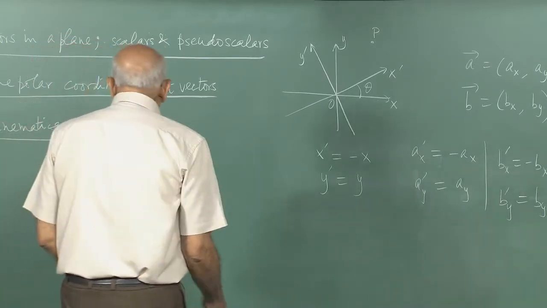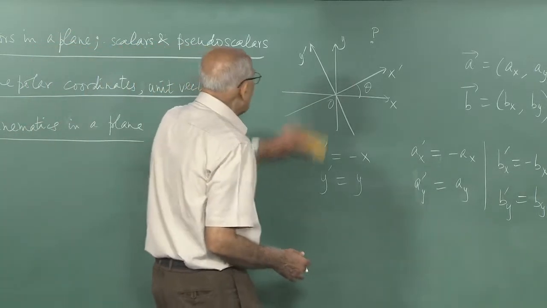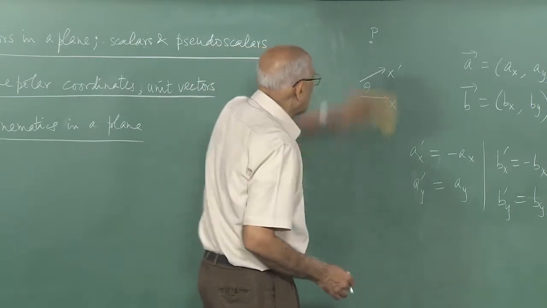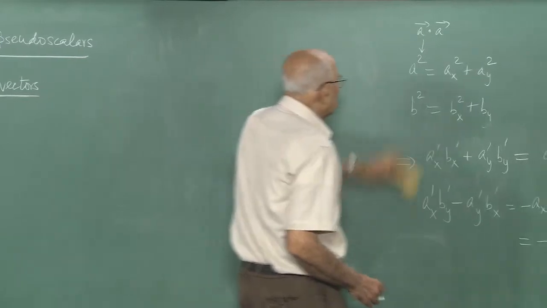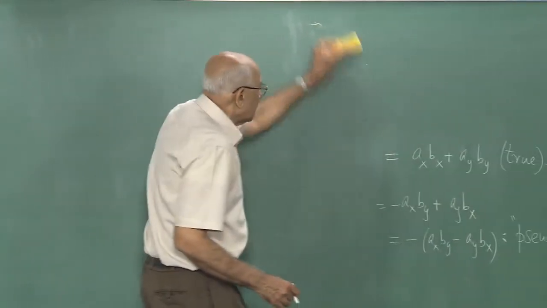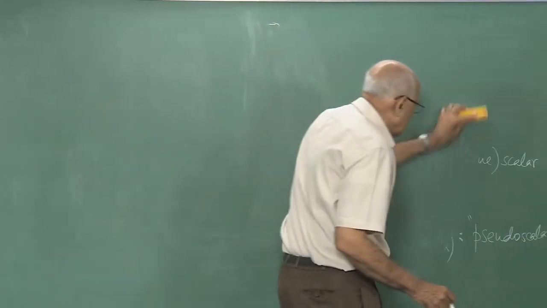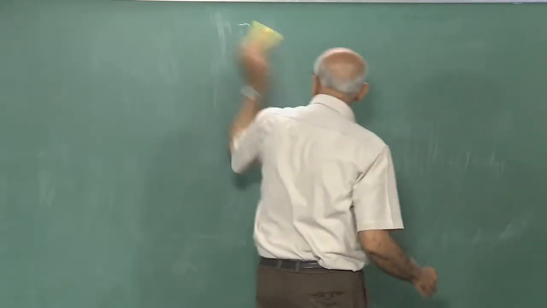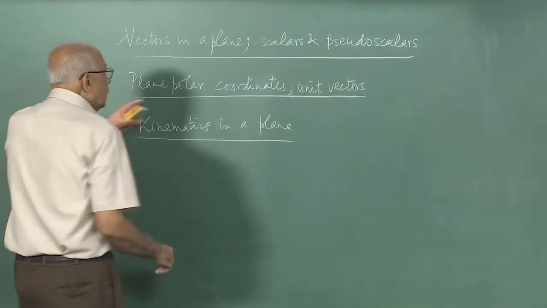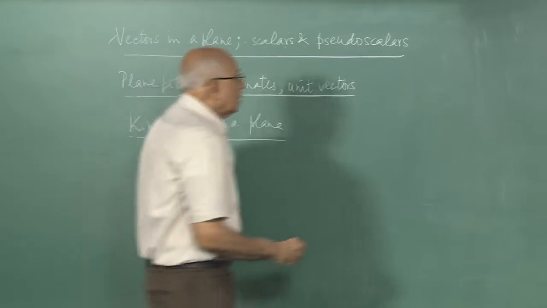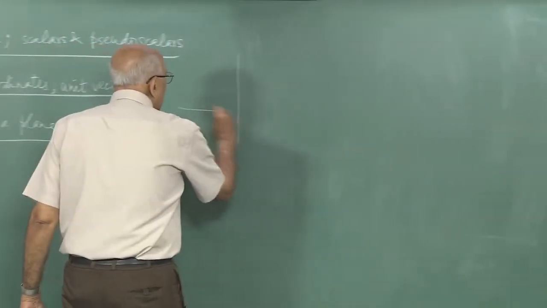Alright, now that we have done this, let us go back a little bit to what we were discussing, namely plane polar coordinates, and I should now like to talk about the unit vectors and what happens to them as the position changes. So let us go on to this topic now. Let us go back to this and look at what we had said about plane polar coordinates.